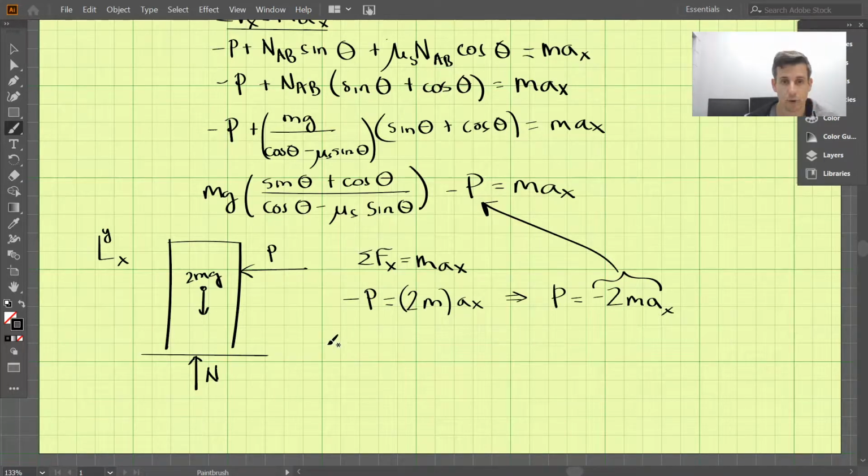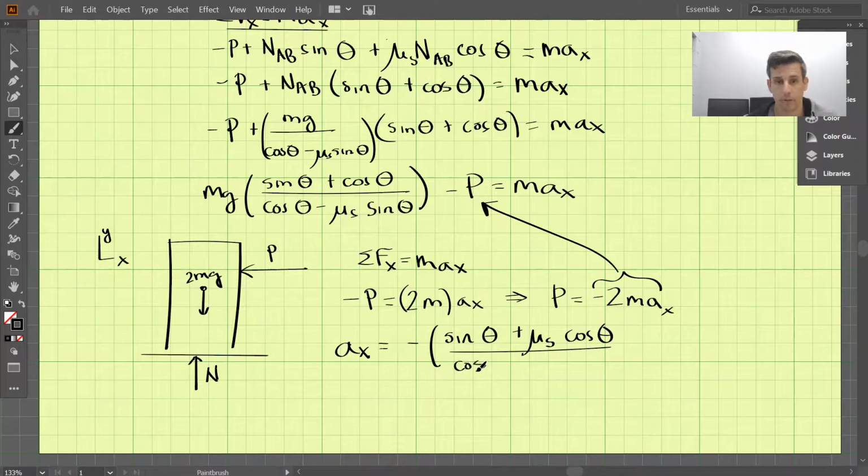So putting that back into the equation and solving for ax, we have ax is equal to negative sine of theta plus mu sub s cosine theta, divided by cosine theta minus mu sub s sine theta, times g.